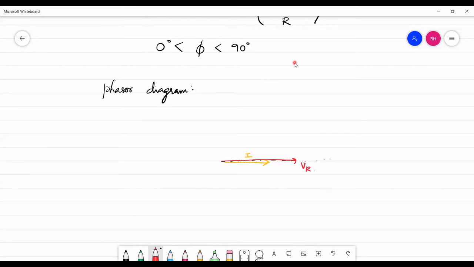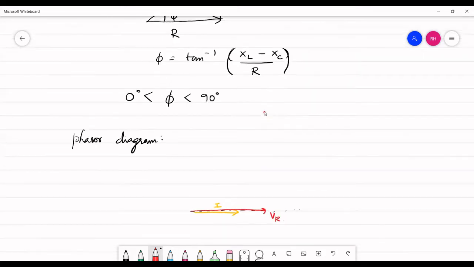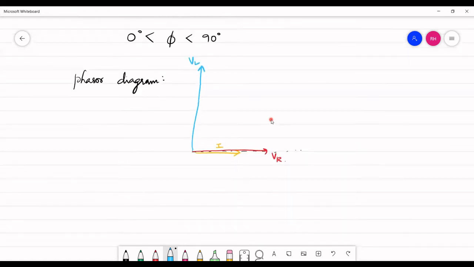And we said our network is predominantly inductive, which means the inductive voltage drop will be greater than the capacitive voltage drop. So this is the inductive voltage drop, and capacitive voltage drop, which is along the negative imaginary axis, is little lower than the inductive. So let me measure the length of VL and this is VC.